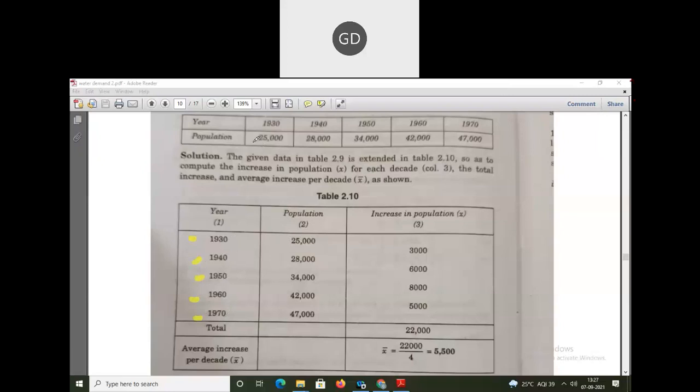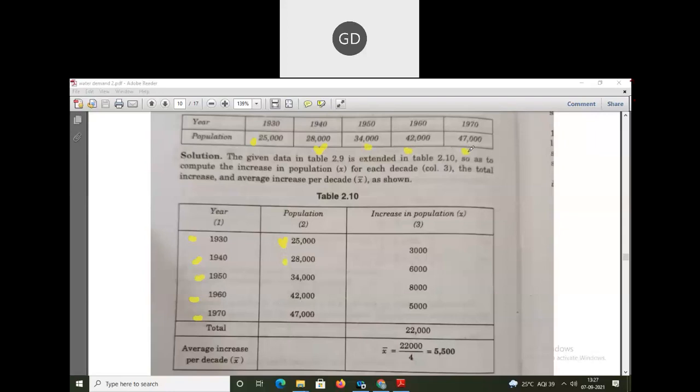We have 25,000, so we have written 25,000. And in 1940, what population do we have? We have 28,000, so we have written 28,000. Similarly for 1950, 1960, 1970, whatever populations you have, you write them down: 34,000, 42,000, 47,000.